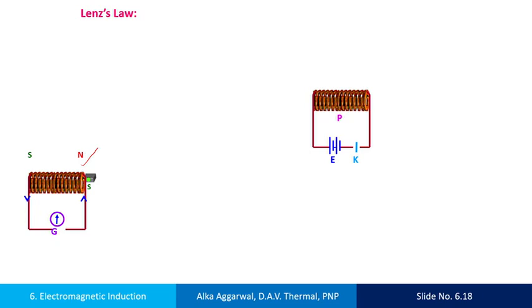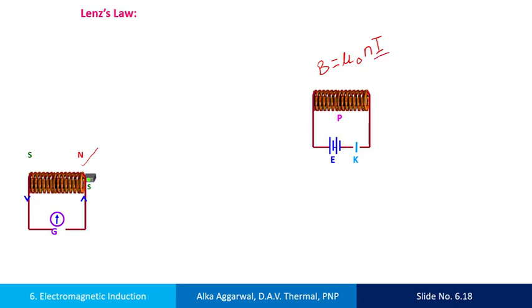As we press the key, the current begins to flow from 0 to its constant value, and for that moment the current is not constant. And you know very well that the magnetic field inside the coil is given in this way, where n is the number of turns per unit length and I is the current through the coil.